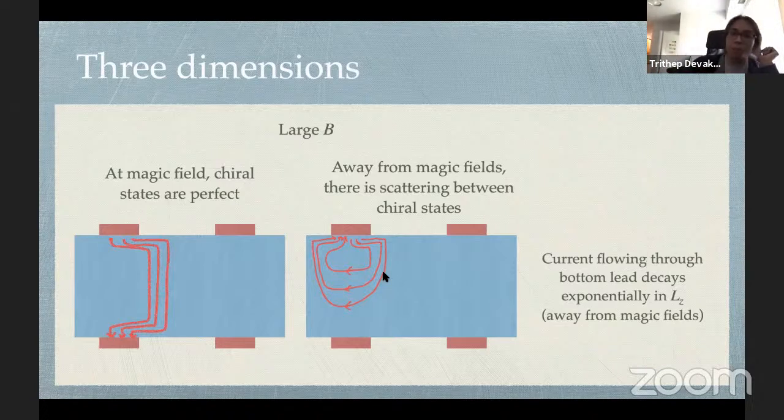They can scatter to one that propagates back up, and eventually they'll turn around, and you end up with no current flow that actually leaves the sample. The current in this case that goes in here and out here will decay exponentially as you increase the system size in the z direction away from the magic fields. If you're at the magic fields, these states are perfect, and so you always end up going to the other side.